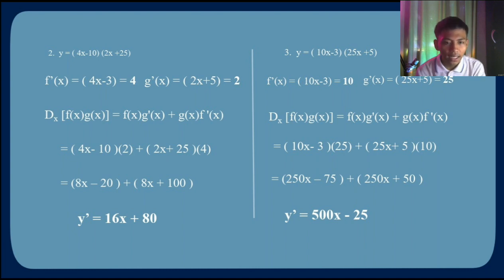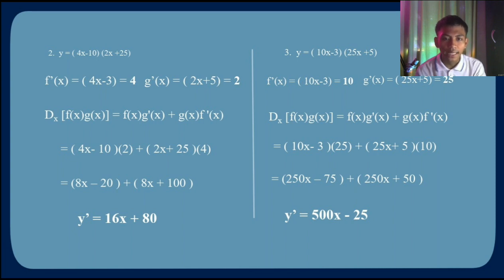And then 8x plus 8x is equal to 16x. And then 20 minus 100 is equal to 80. That's why it became 16x plus 80.